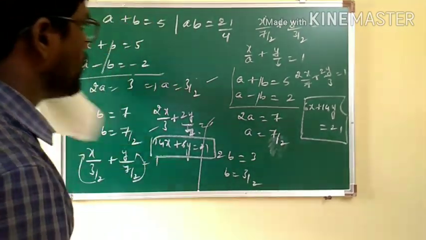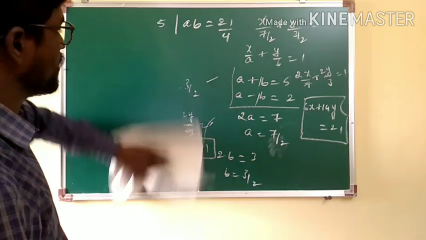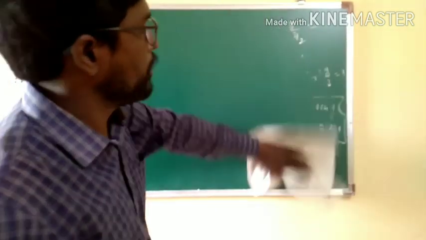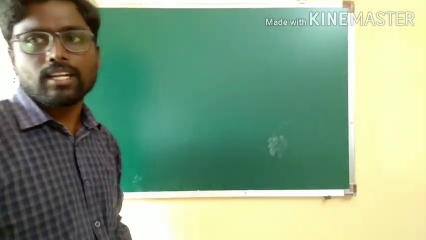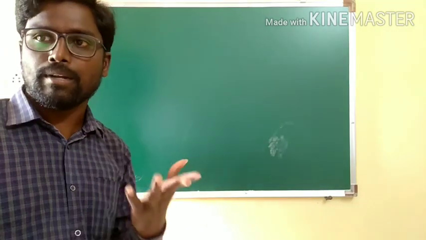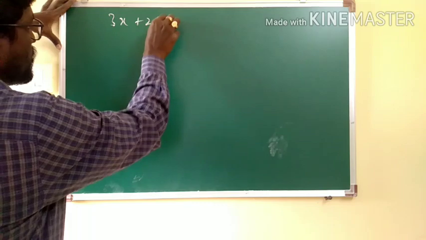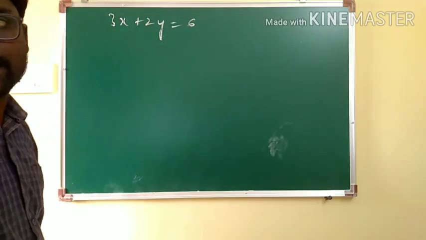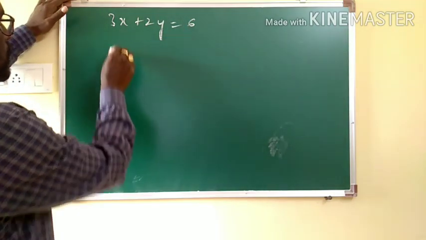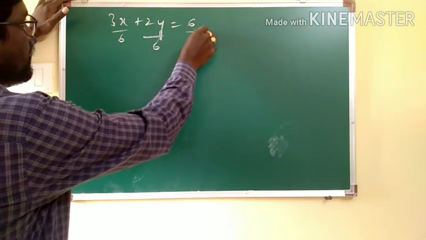And as I said, the alternate method, what shall we do? We will be taking the given line equations and checking for sum and product. Let us see. 3x plus 2y equal to 6 is the first option. So what is the intercept form of this line?